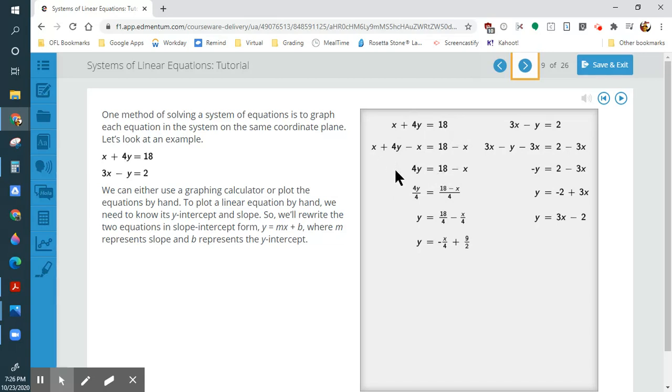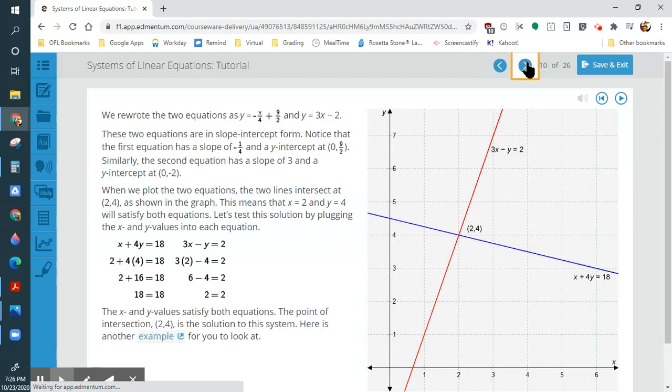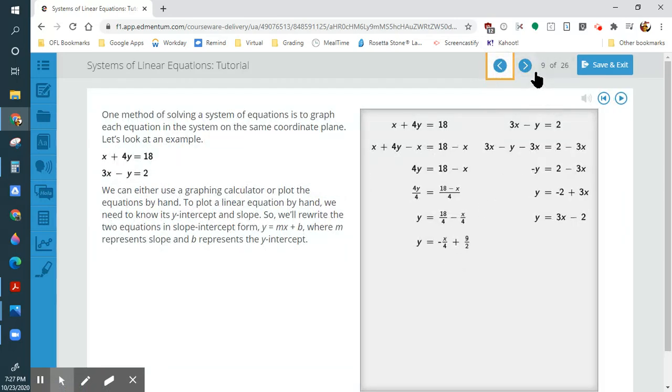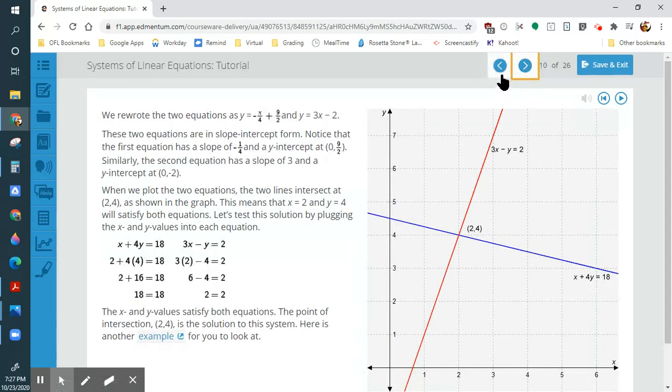If you look at the work here, this is equal to y, and then they make the other one equal to y. So they're solving for y, and then in the very next step, they make these y's equal to each other. Essentially they're getting ready to just graph this.